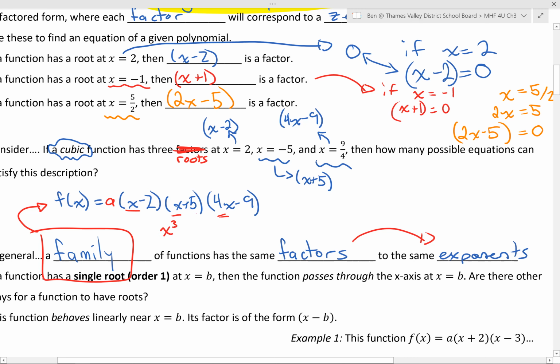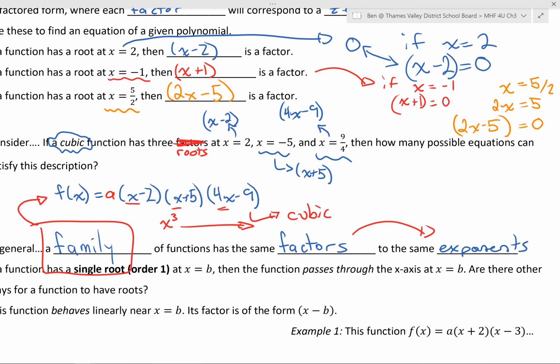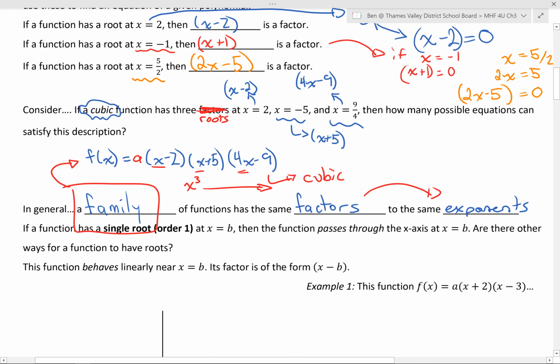So if we count out in total the number of x's that are involved up here, again, in factored form, then we can determine the degree of the polynomial. In this case, there are 3 x's. That means we're working with a cubic function. Okay, so that's a little aside how we can determine the degree of a function if it's not in standard form. If you're confused by that, we can go over that a little bit more in class.